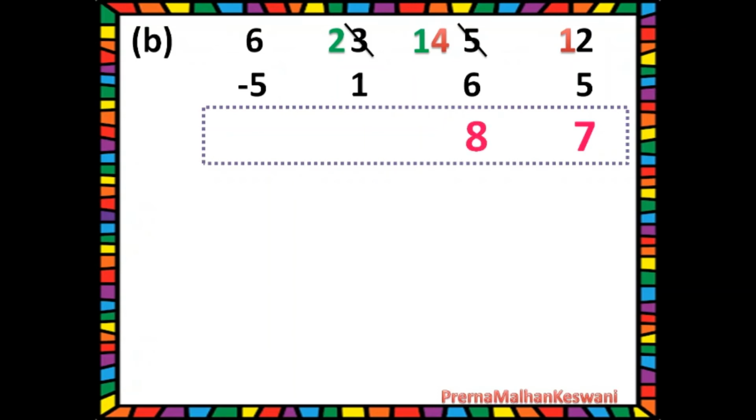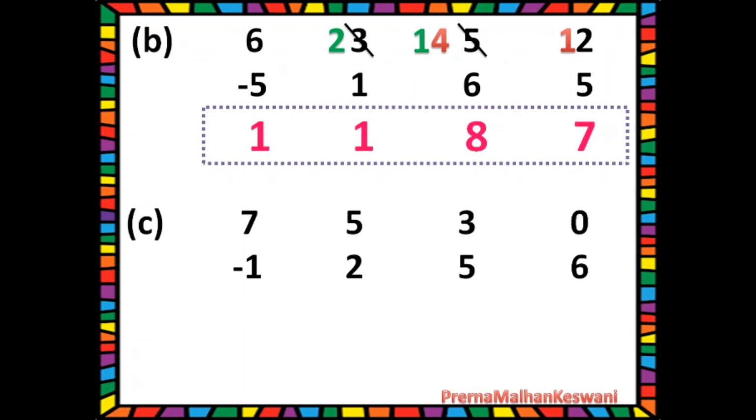Now next, hundreds column. 2 minus 1, the predecessor property, it will be 1. Now the thousands column. 6 minus 5. These two numbers come together, so the difference will be 1. So the difference of the two numbers given will be 1187. Now let's see one more question.